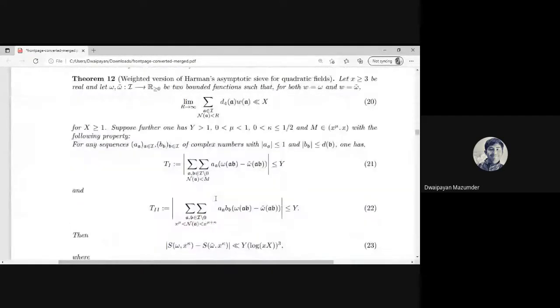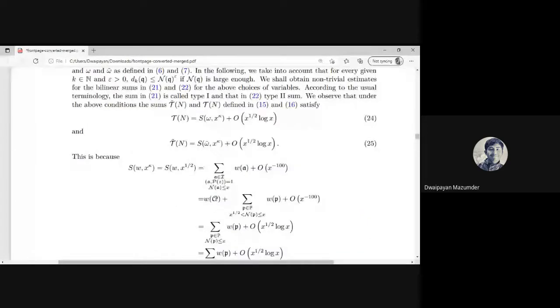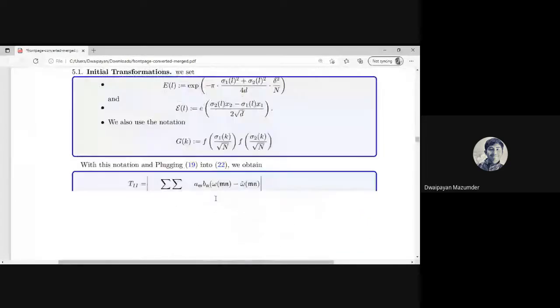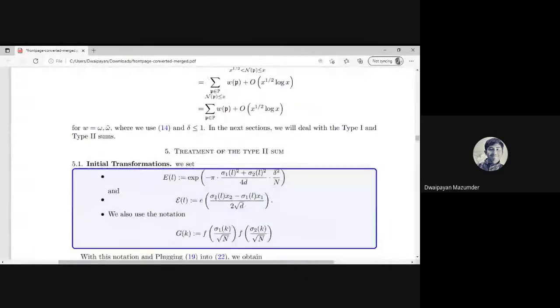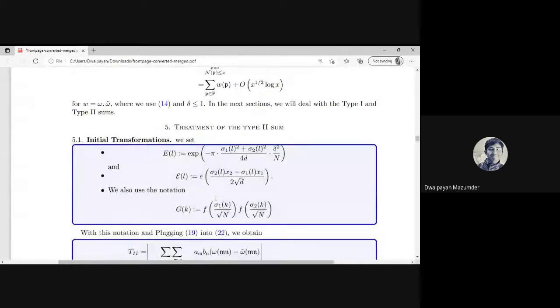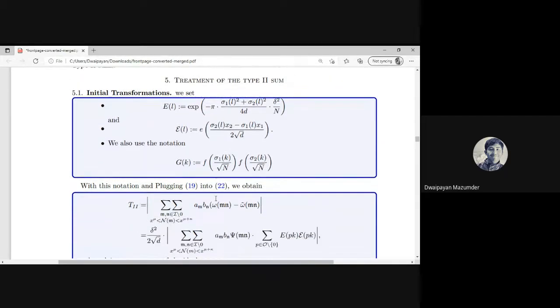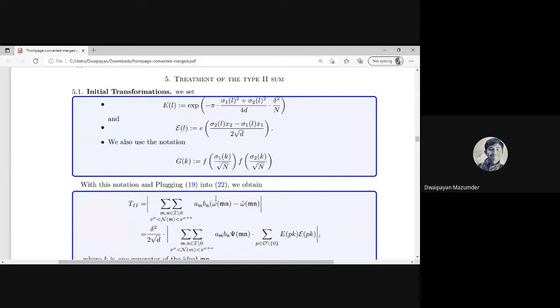Okay, just let me finish that. Yeah. So whenever we have this, now we will set up that one. Now we'll do the treatment of type 2 sum. We have marked some smaller definitions like E_L, the exponential, that is the Gaussians, and this curly E_L is this exponential thing, and G_K is that particular f of sigma 1k square root of n and f of sigma 2k square root of n.